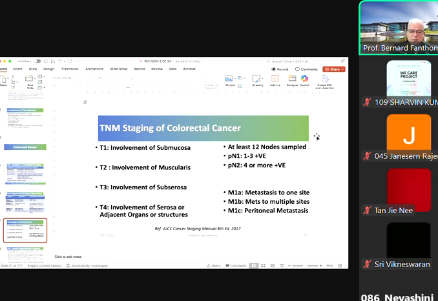Now that is a very important aspect: the principle behind surgery for malignancy is removal of the tumor and doing an adequate regional lymphadenectomy. Because of this, whenever there is a lesion in the cecum or ascending colon, we have to go high up in the ileocolic artery and ligate it at its origin so that we get an adequate number of regional nodes removed.